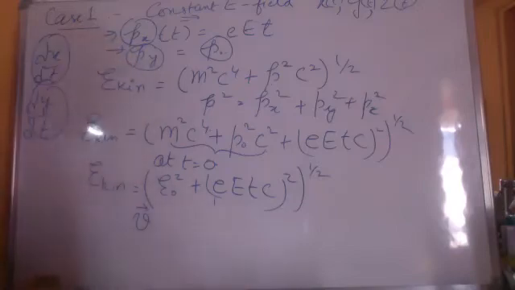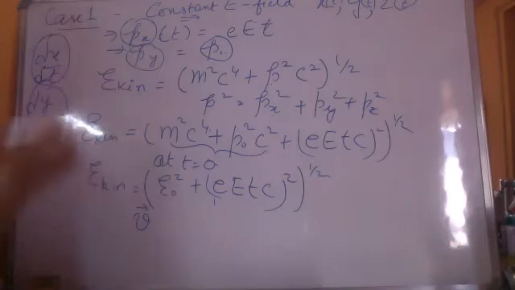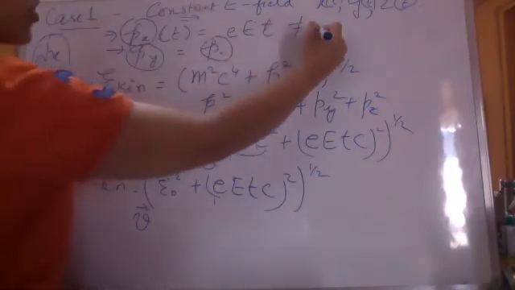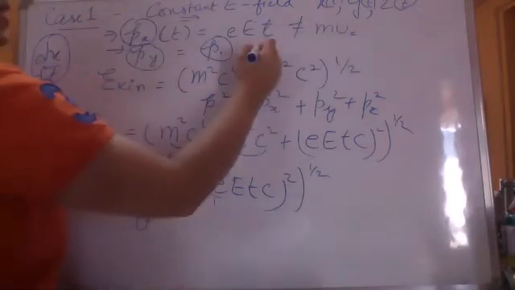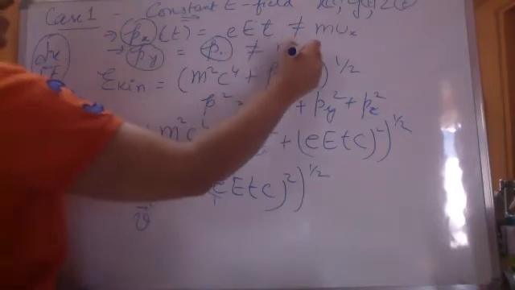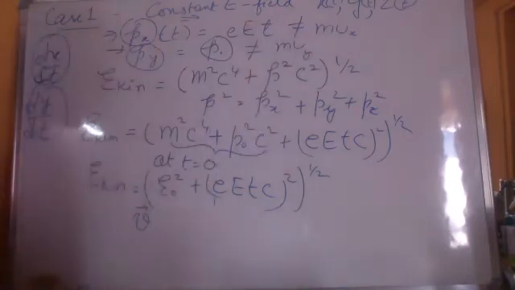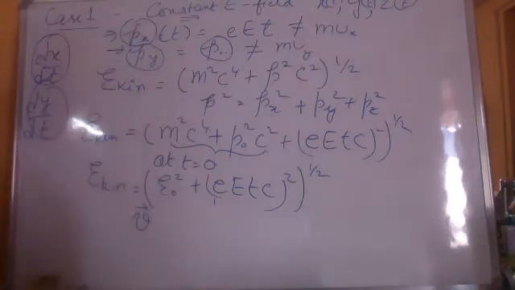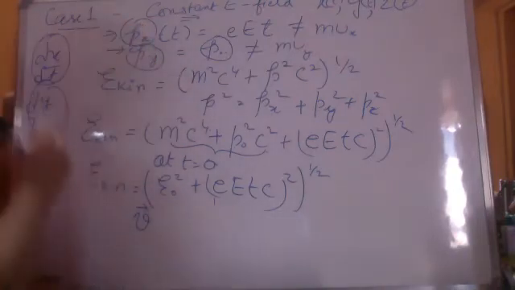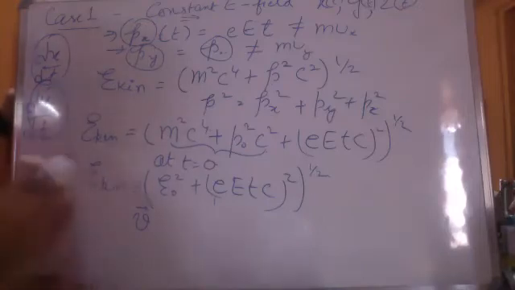That's what I'm trying to tell you. It is important to remember that I cannot do it here because this is not equal to mvx and this is not equal to mvy. They are relativistic expressions. You have velocity magnitude sitting in the denominator also. These are actually gamma mvx and gamma mvy, right? That you always have to remember.